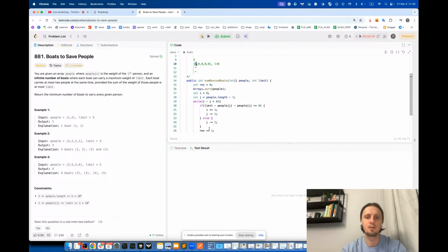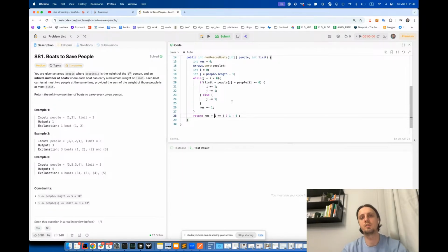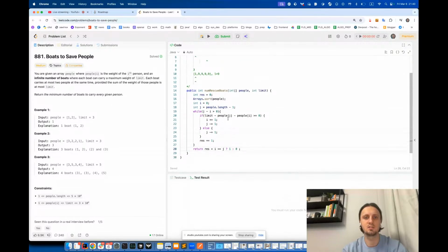So if i is equal to j, then 1, otherwise 0. So we should do result plus 1 or 0 in this edge case.